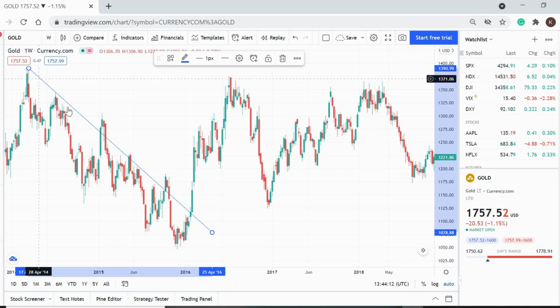Be careful if the market starts to cross and close above this trend line. You can see in this area the market went up and broke this trend line, our resistance, and closed in this area.